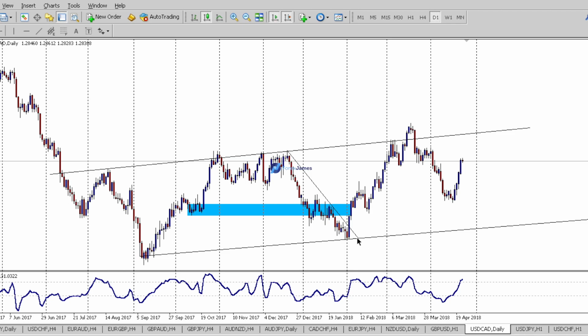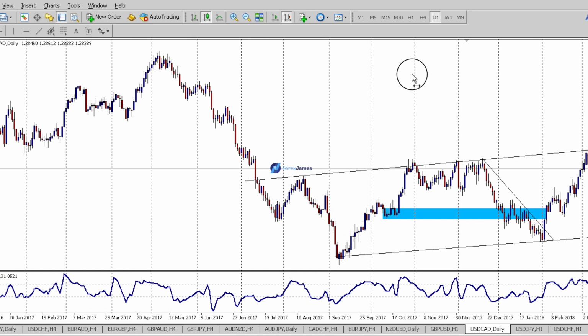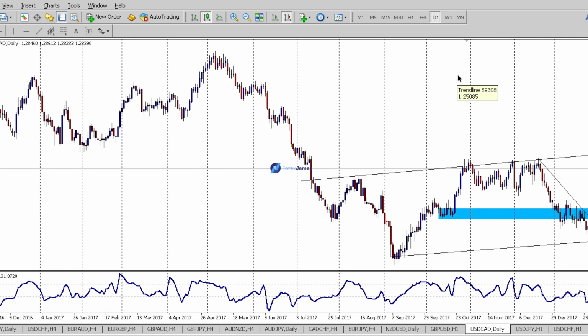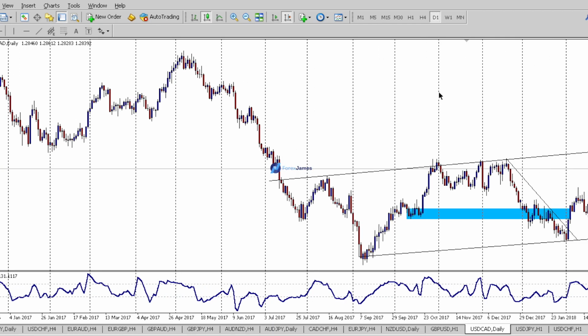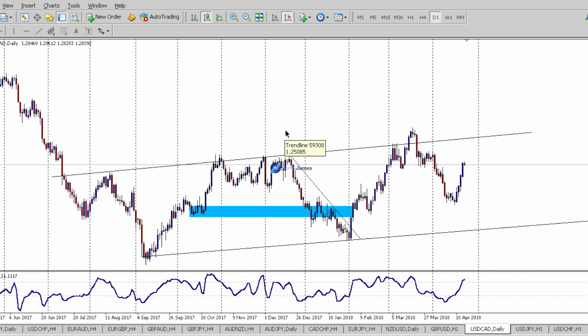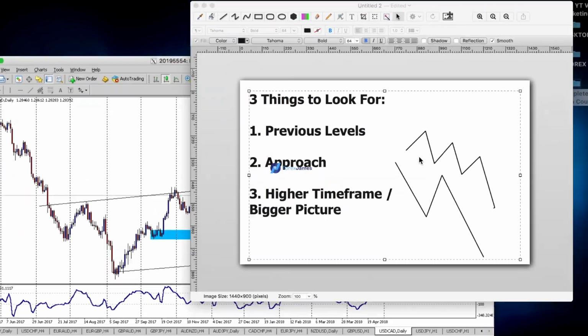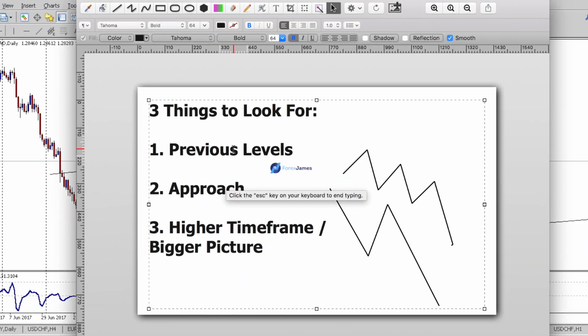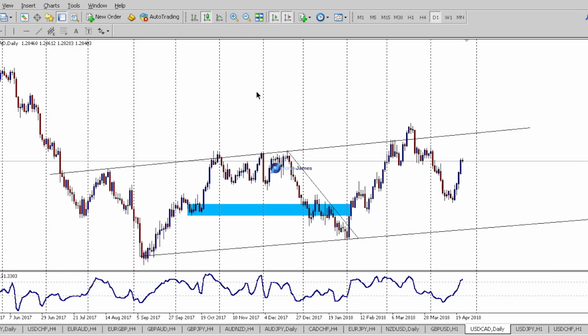But in the bigger picture, it's still painting a downside bias. Imagine this hasn't happened yet. Okay, guys. So to recap, those are the three things I look for: the levels, the previously approached, and the bigger time frames.